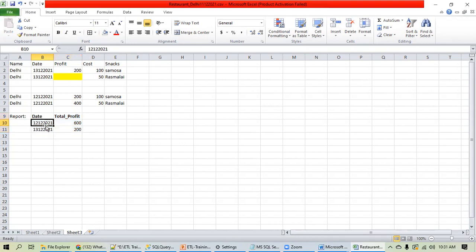On 12th December, the profit was 600. Maybe they will talk in terms of millions, right? I'm just giving you a very dummy number here. On 12th December, the profit was 600, but on 13th December, profit is 200. Is this a good indication of business performance? No. The profit has suddenly decreased next day from 600 to 200, right?